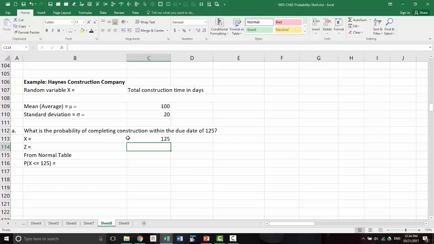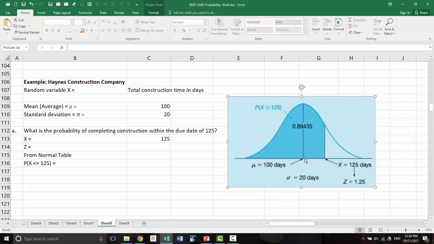We need a range of values for X, and then you will have positive probability. So what this means is that we want the mean of 100, the standard deviation of 20, and X equal to 125. We want this area. This area is the probability that X will be less than or equal to 125.